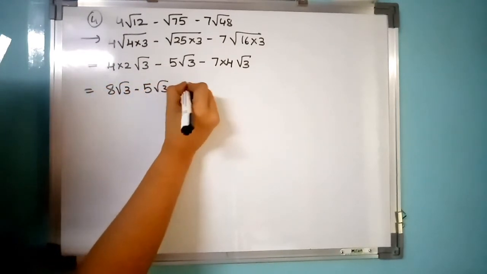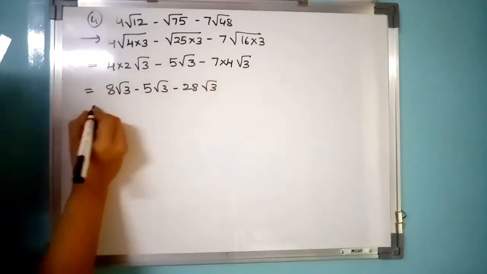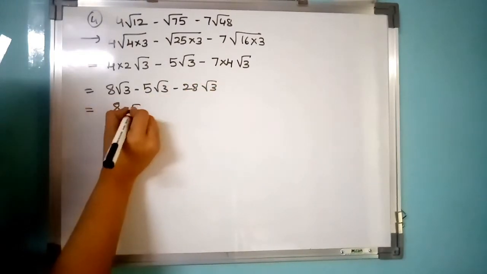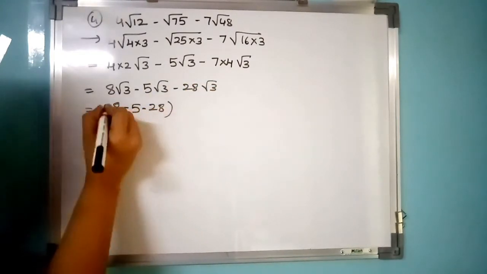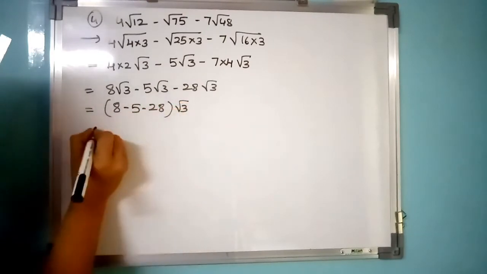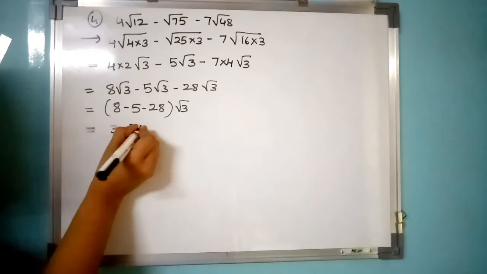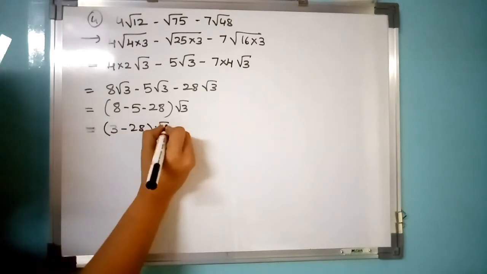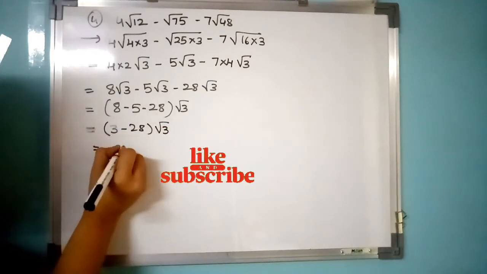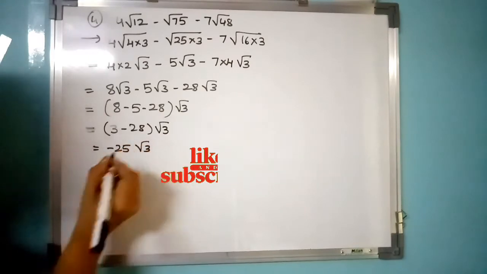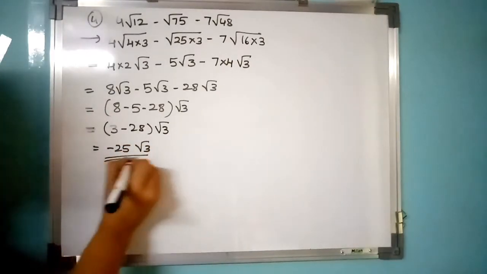We find here, after finding common, 8 minus 5 minus 28 root 3. 8 minus 5 is 3 minus 28 into root 3 as it is, minus 25 root 3. That's the answer.